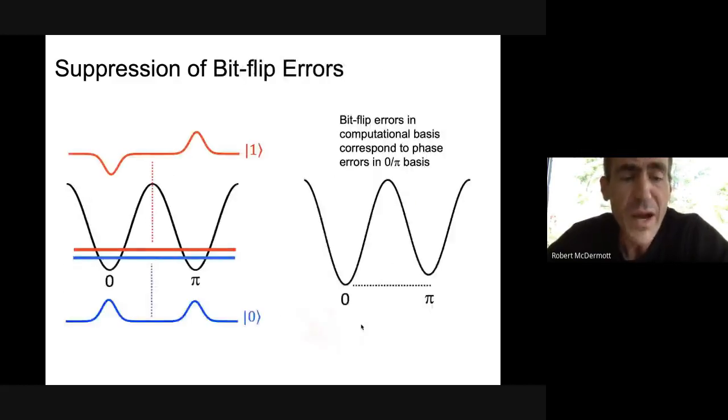How about bit flip errors? Well, bit flip errors in this logical 0-1 basis are going to correspond to phase errors in the 0 pi basis. Now, if we had a perfect pi element, the 0 valley and the pi valley would be exactly at the same energy, and there would be no mechanism for phase noise in the 0 pi basis. So in order to understand what these errors are going to be due to physically, we have to think about the internal construction of our pi element.